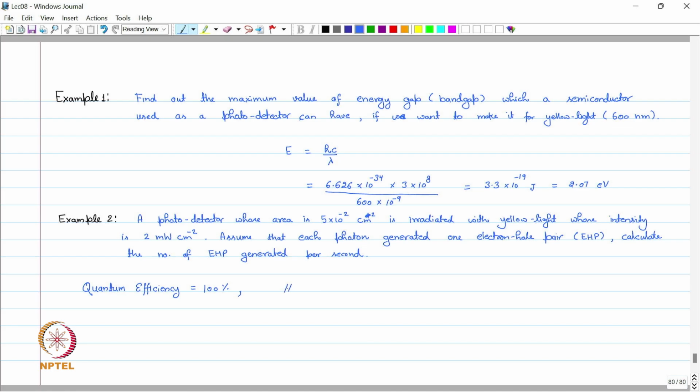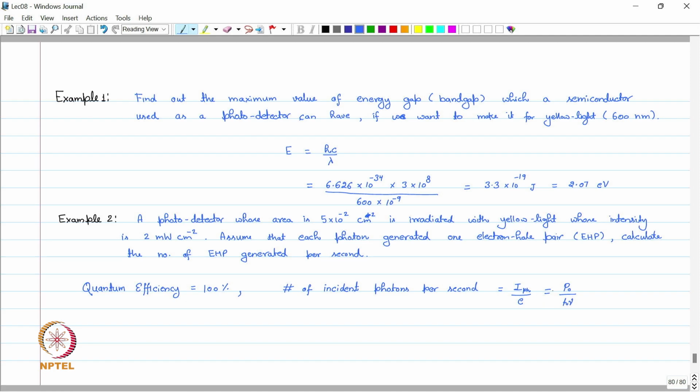So the number of incident photons per second is equal to I, the photocurrent, divided by the charge of electron, which is equal to P naught, the incident power of photons, divided by h nu or hc by lambda, which is the energy of a single photon.